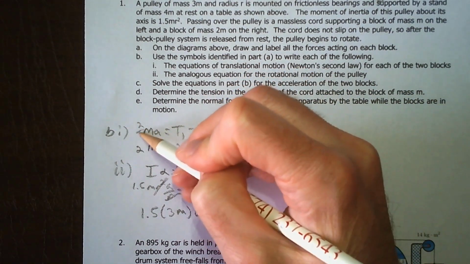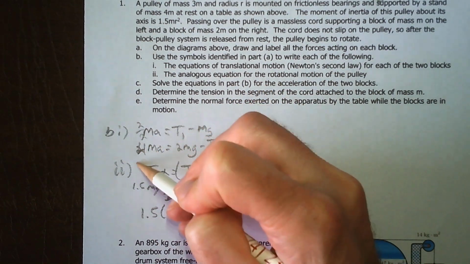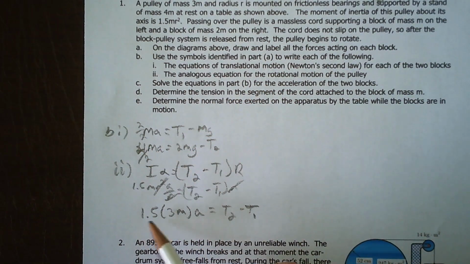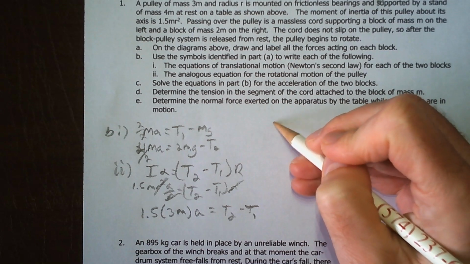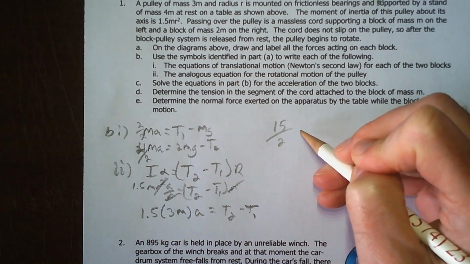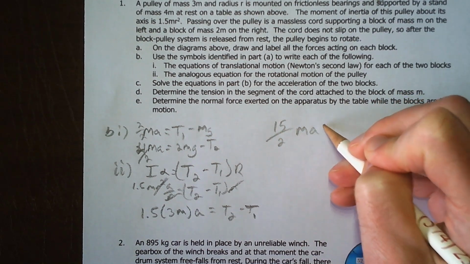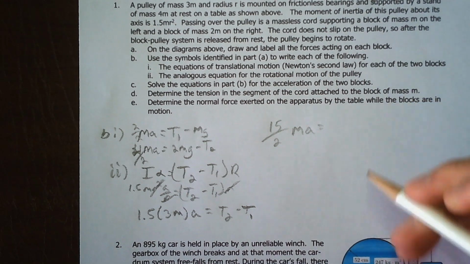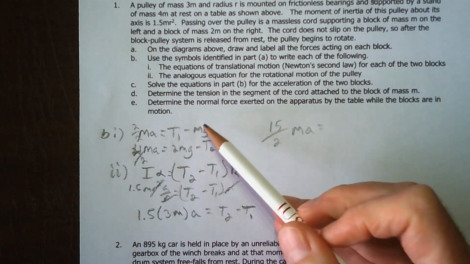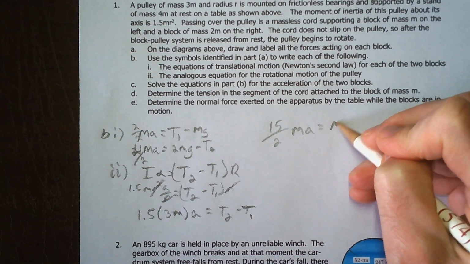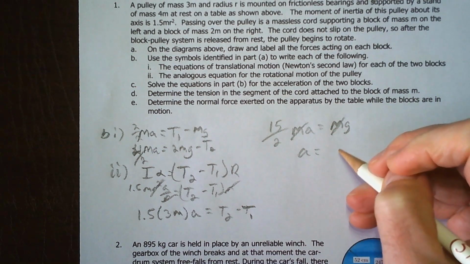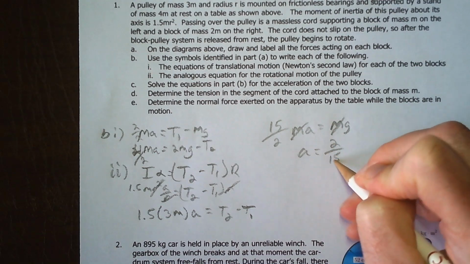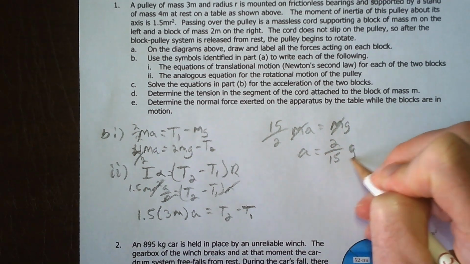So this is 2/2, and this would be 4/2, and this is 9/2. So 9, 13, 14, 15, so 15/2 MA equals 2 mg minus mg, which is just simply mg. The m's will cancel, and so A equals 2/15 of g.